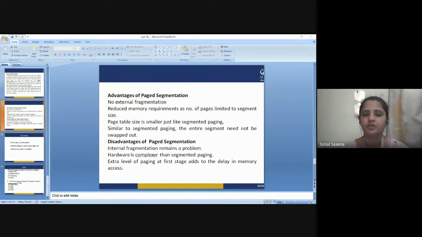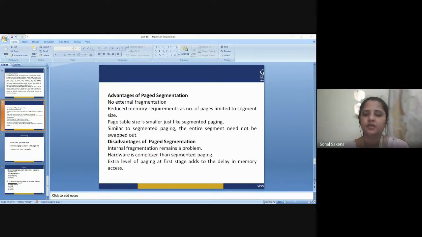Now, how will we find the number of pages in each segment? The number of pages in each segment is the size of the segment divided by the page size. So 8 KB divided by n bytes is the number of pages in each segment. Now what will be the size of each page table?